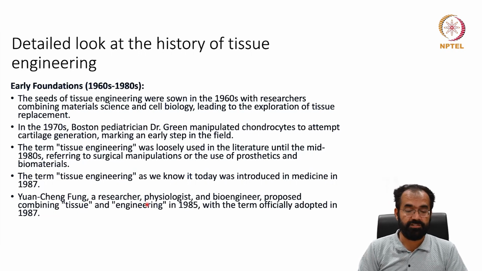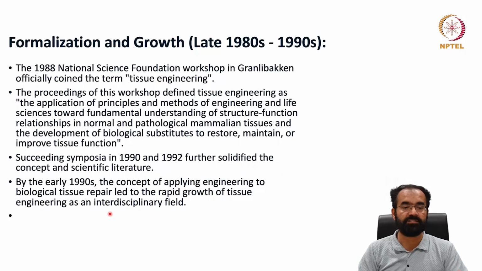Yuan Cheng Fung, a researcher, physiologist and bioengineer, proposed combining tissue and engineering in the year 1985, with the term officially adopted in 1987. Although it may sound like a simple word now, the origin of that word itself is not that simple. For the formalization and growth of the field, 1960 to 1980 was the conception time, and the 1980s to 1990s, those 10 years, were the formalization.